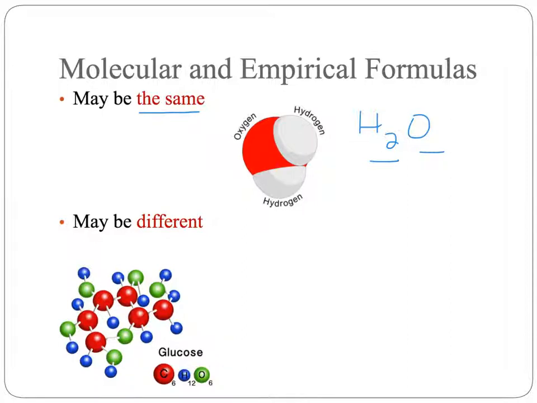But in the case of glucose, we have a difference between the molecular formula and the empirical formula. The molecular formula is C6H12O6, but this is not the smallest whole number ratio between the atoms. This formula does not represent the empirical formula. The empirical formula would be CH2O.